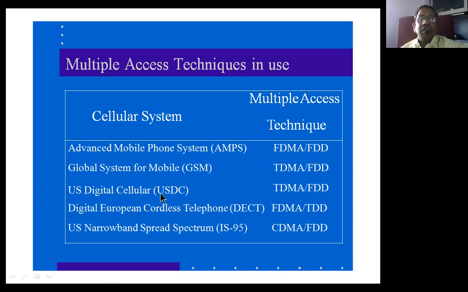GSM has become very popular, which provides 2G communications. It implements the TDMA FDD kind of technique in mobile phones. Next, the US Digital Cellular system, USDC, which also uses the TDMA FDD technique. Then the Digital European Cordless Telephone system, which uses FDMA TDD.